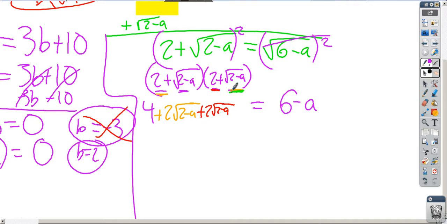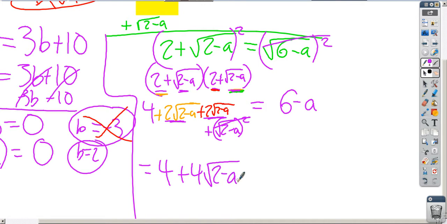So radical 2 minus a times radical 2 minus a is the same as radical 2 minus a, the whole thing squared, but squaring and square rooting cancel each other. So now we can write it like this. We can write 4 plus 2 of these plus another 2 of these would be 4 of those. And again, we're only touching the 2's in front. We're not doing anything with the stuff inside.